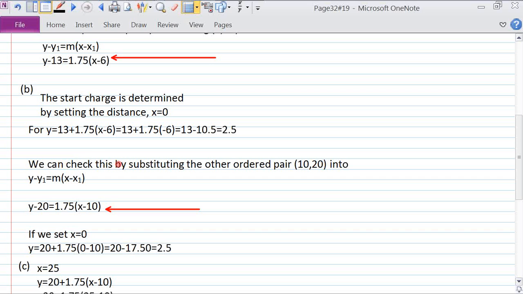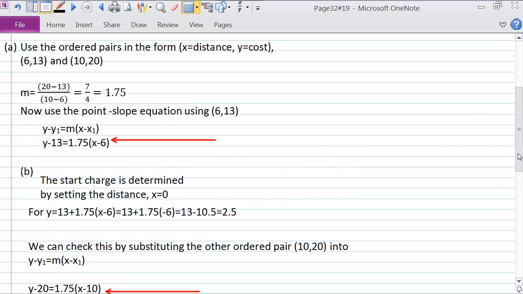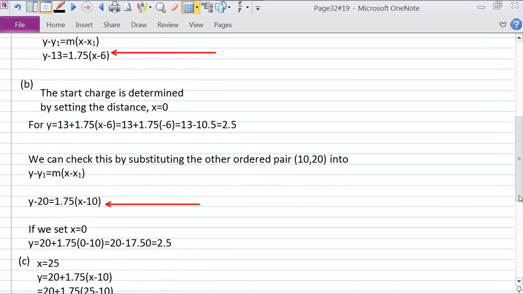Now we can check this by substituting the other ordered pair. Instead of using the (6, 13), which we used over here, we can use the (10, 20) in the equation for our x1 and our y1.